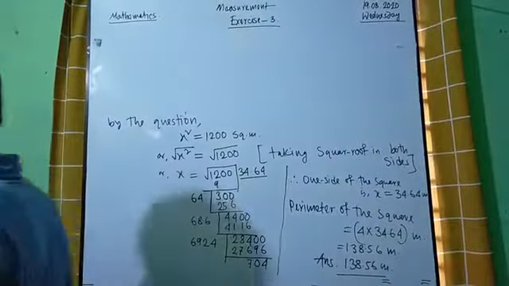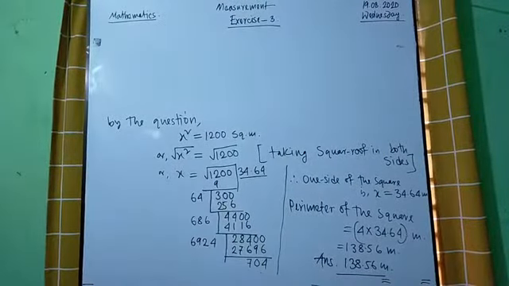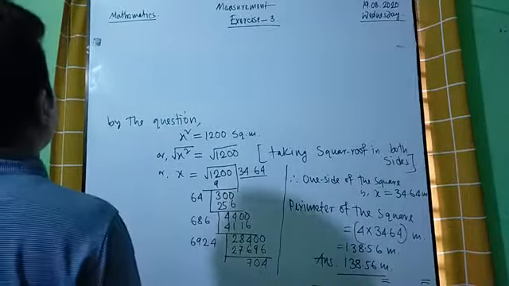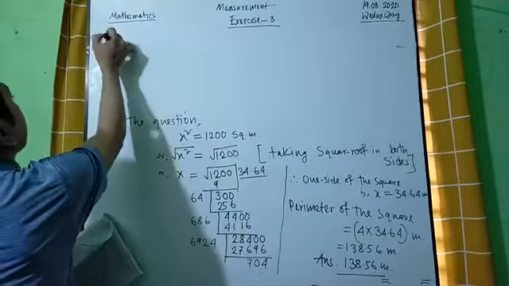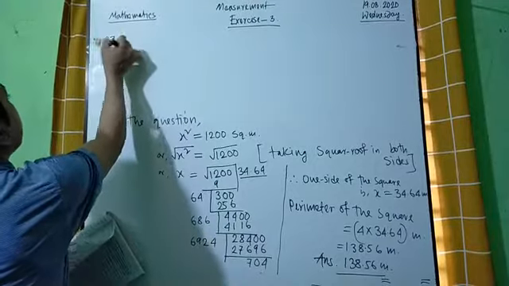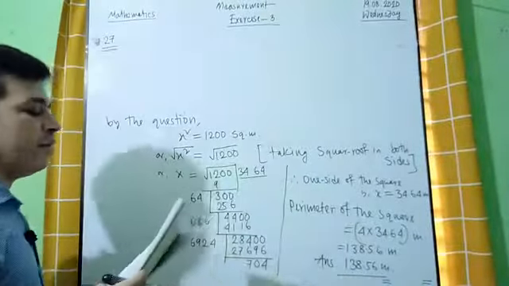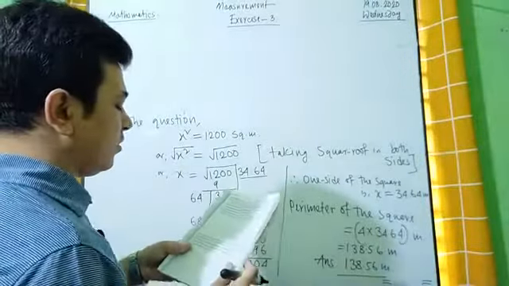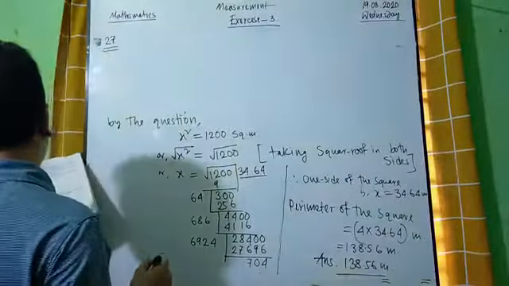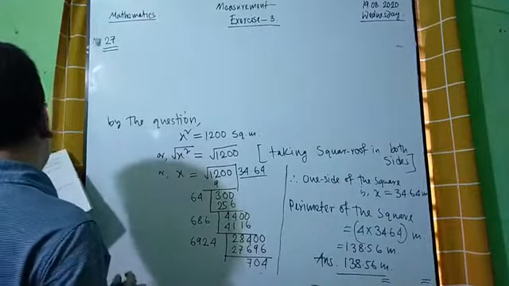So I am starting problem number 27. These kinds of problems normally come in the exam, so you have to concentrate on these kinds of problems, because this is a really important problem. Express the perimeter of the parallelogram.